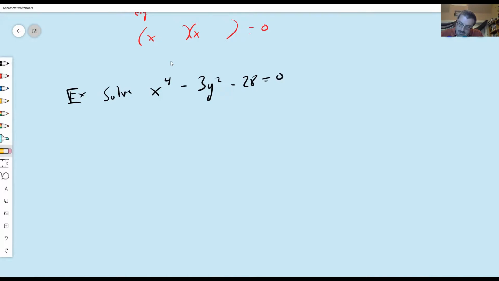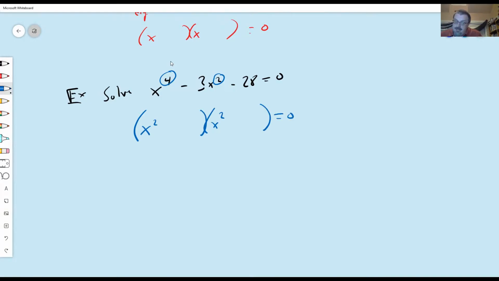Now if you think about this, my smallest power is 2. The next power is x to the 4th, which is double that. Which means when I factor it, I get x squared here and x squared over here.